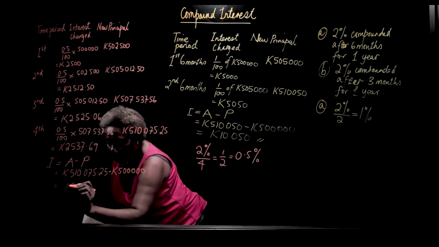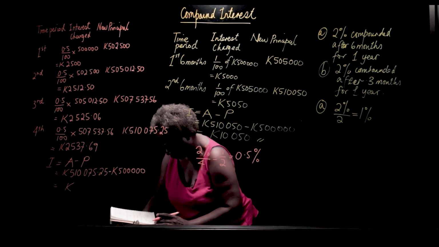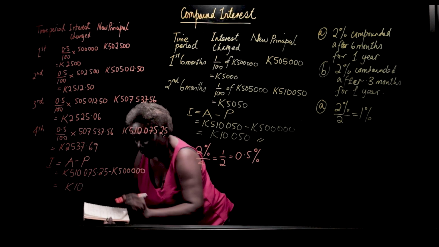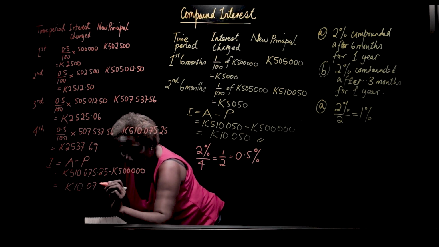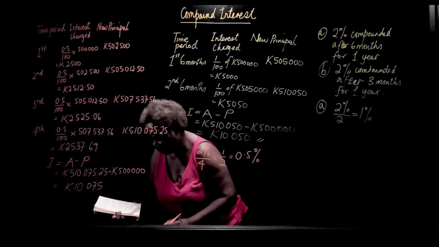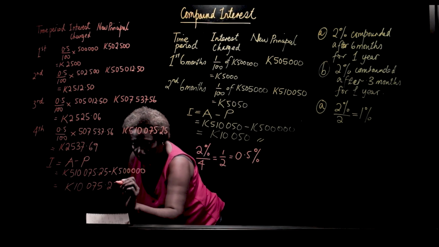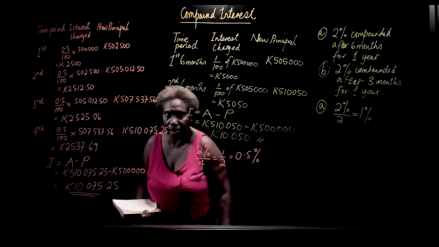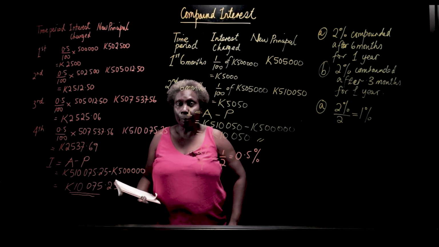That will be equal to 10,075 kina 25 toya. That is the interest at the end of the year that is going to be paid.